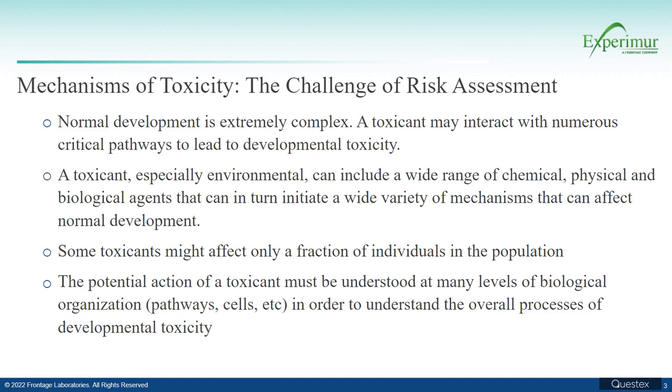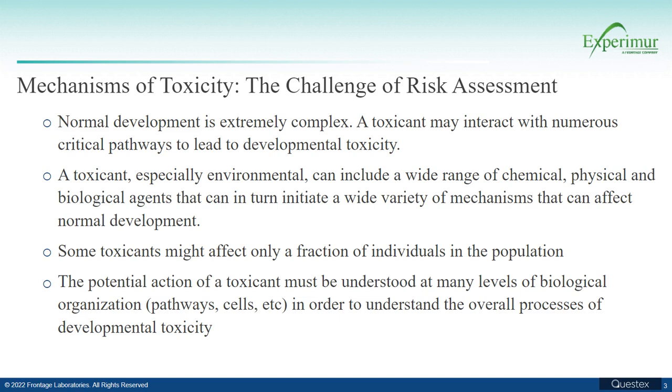Another point is that toxicants, especially environmental ones, may not be one single pharmaceutical ingredient. It could be a wide range of chemical, physical, and biological agents that can initiate a wide variety of mechanisms. So you might not just be affecting one receptor or one level of organ development. You can be affecting several different parameters. And then, of course, some toxicants might affect only a fraction of individuals in a population.